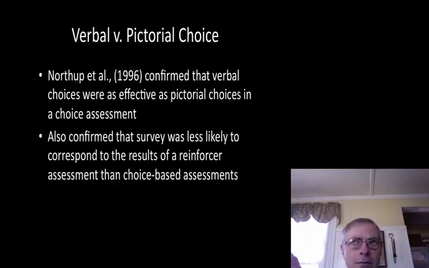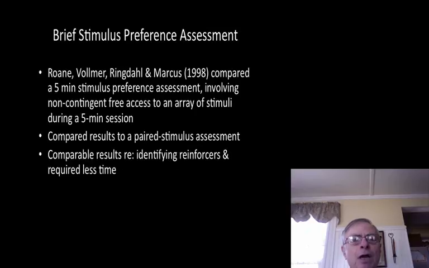Well, we know that from 10 years before this article, but they just reconfirmed that. But now you've got multiple choices. You've got somebody that you can show a picture of something, you can tell them, or you can actually show them the object itself and do the preference assessment, not necessarily with having to come up with the object.